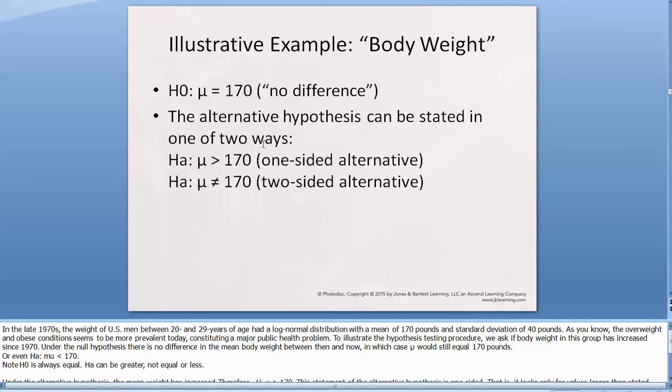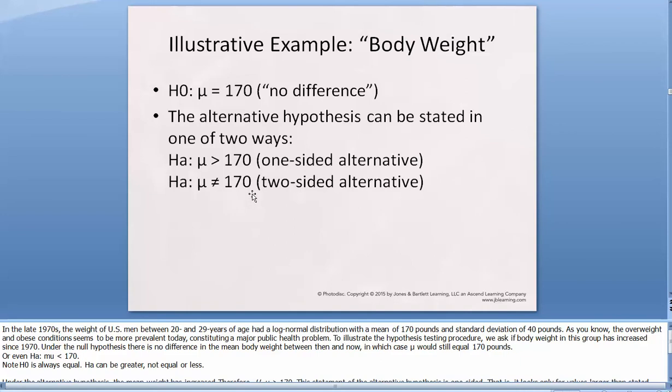Now, the alternative hypothesis can be tested in two ways. If we have some feeling that men have increased their body weight, we can say mu is more than 170. On the other hand, if you are not really sure of that, you can go with mu not equal to 170. If this is the case, you will have a one-tailed or one-sided alternative hypothesis.